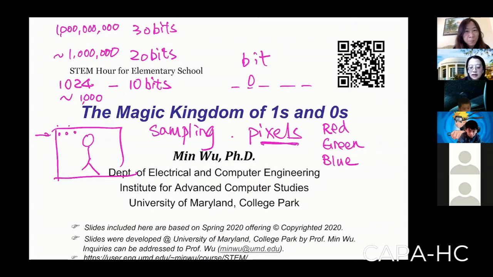Typically it's common to have 8 bits to describe how bright I should shine for each of these 3, which we call the color primaries. So every pixel, when we capture directly using cameras, takes 24 bits to store the color. Then you multiply this for every pixel in the picture, so you can calculate how much storage would be needed.